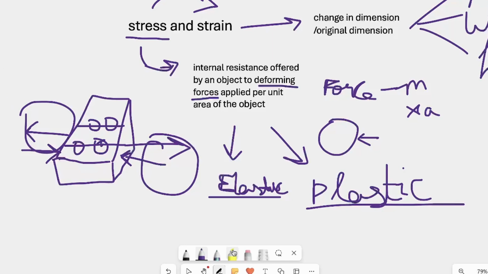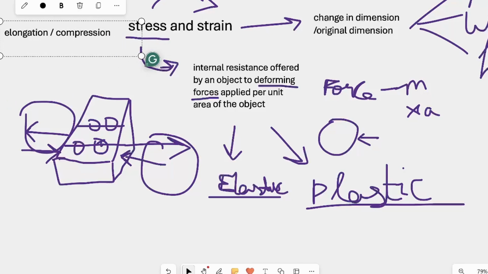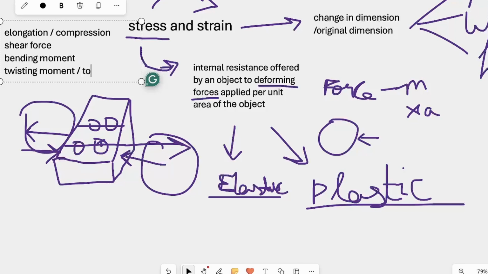So first one what I said was elongation or compression forces. It can be shear force, then it can be bending force, bending moment, then you have twisting moment or torsion.